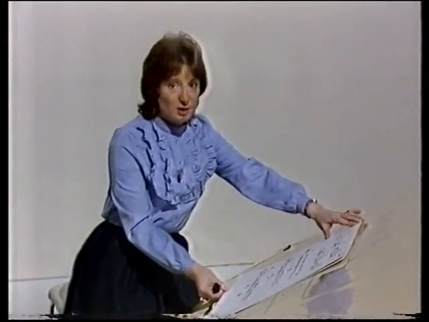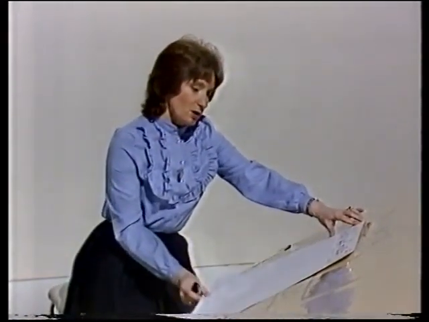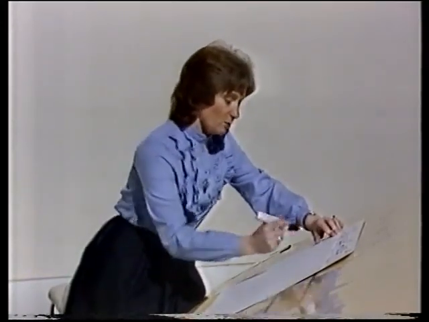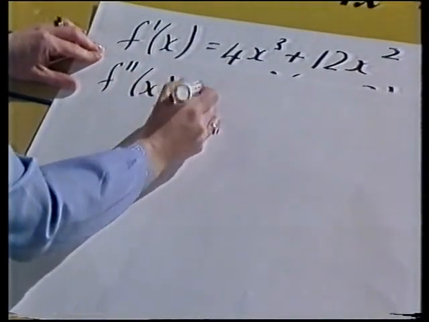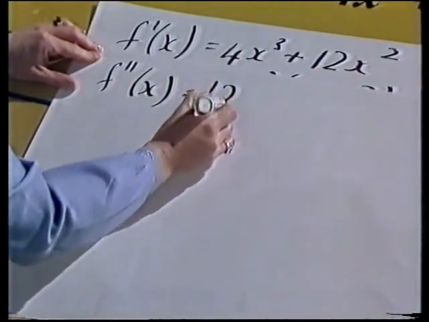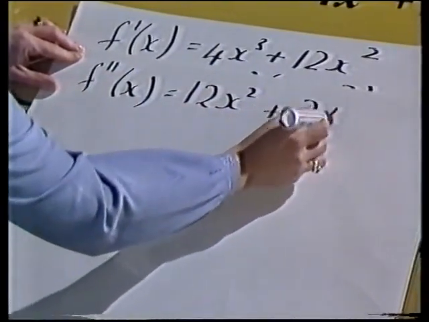Let's move on to the second derivative. So we'll differentiate this expression, and we get, for the second derivative, 3 fours are 12 x squared plus 2 12s, which are 24x.